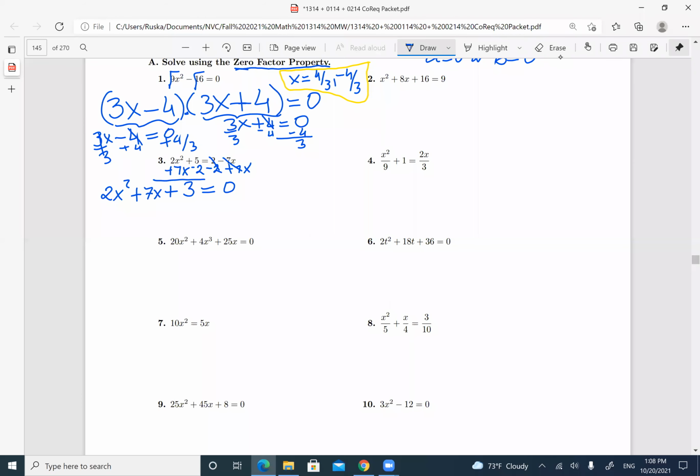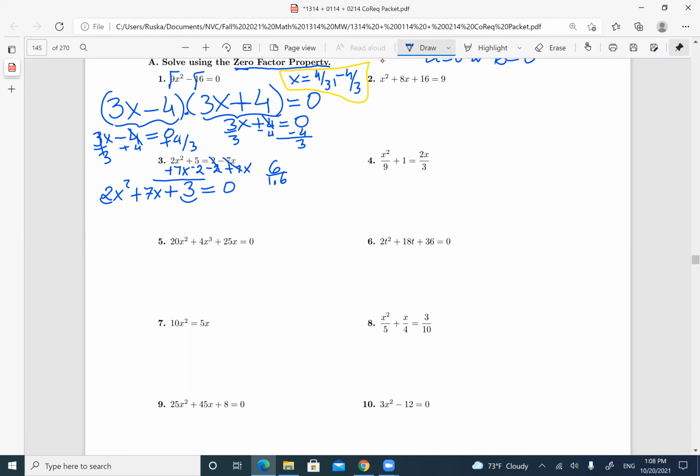Do you remember how you factor this? You use the AC method. So multiply 2 times 3, 6, and get the factors of 6 which add up to 7. So that's 1 times 6, right? 1 times 6 is 6 and 1 plus 6 is 7. So those are the two numbers I'm going to use, 1 and 6, to factor.